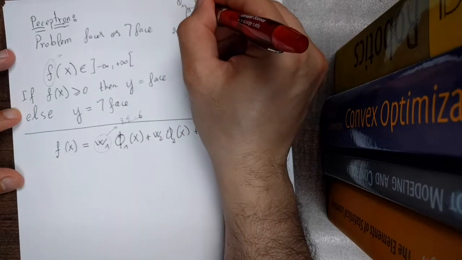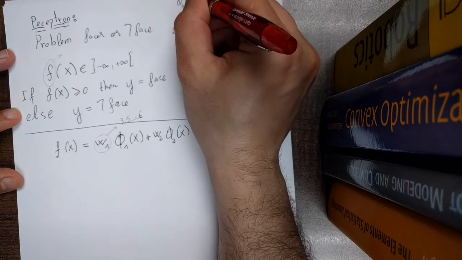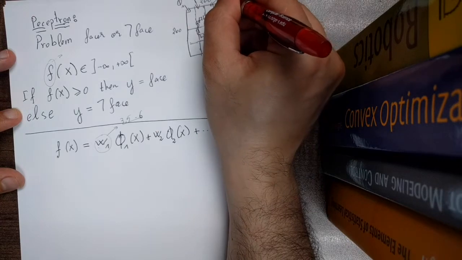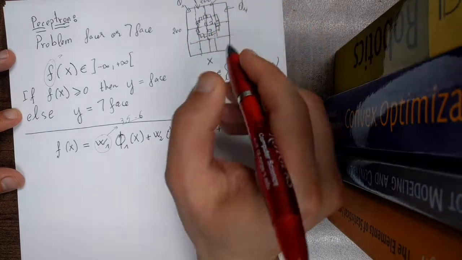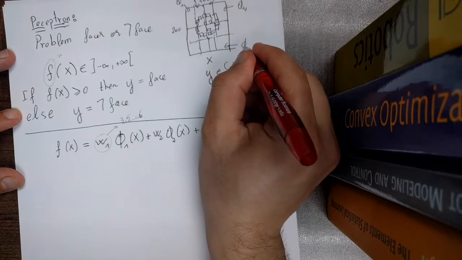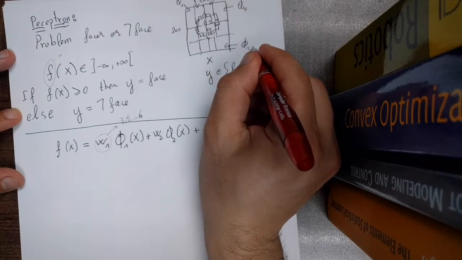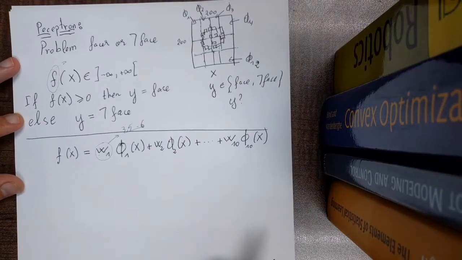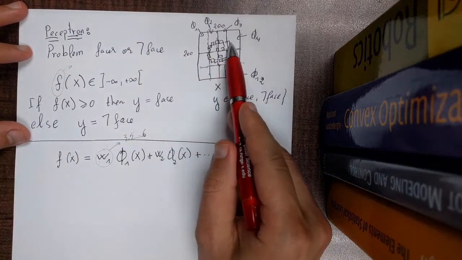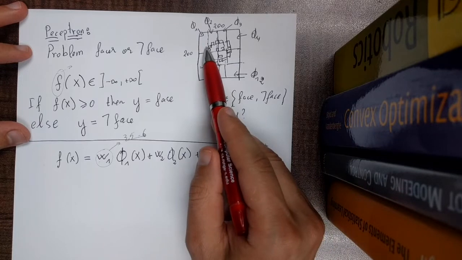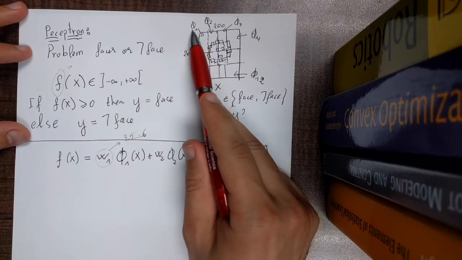The second one feature 2, phi 2. Then you have phi 3, phi 4, until phi 12, the last one. So you have 12 regions. Each region corresponds to a particular feature.